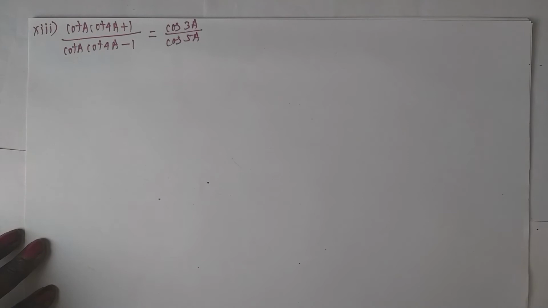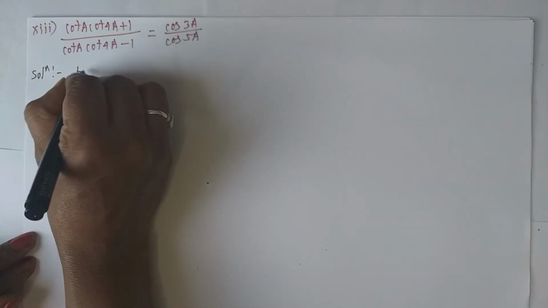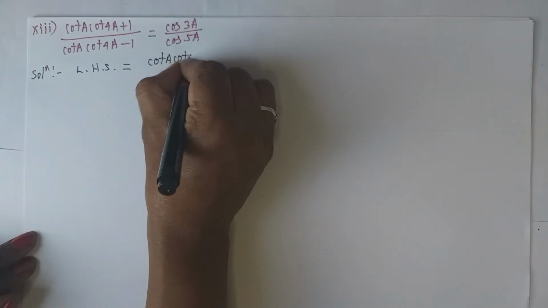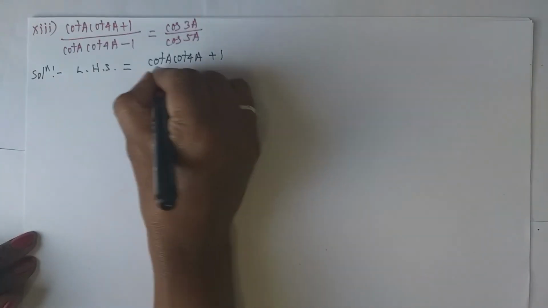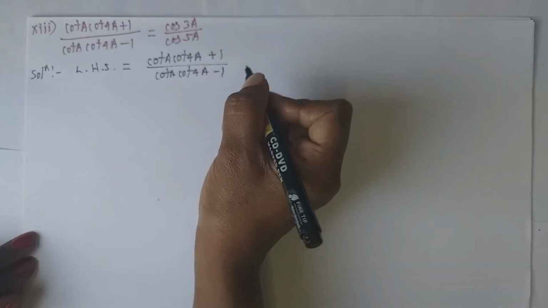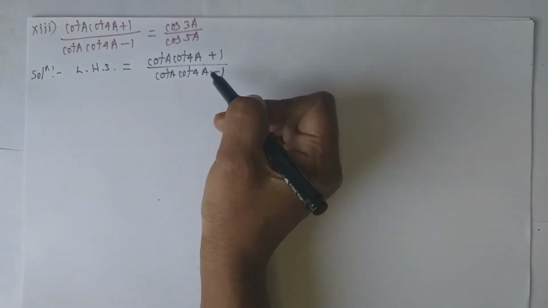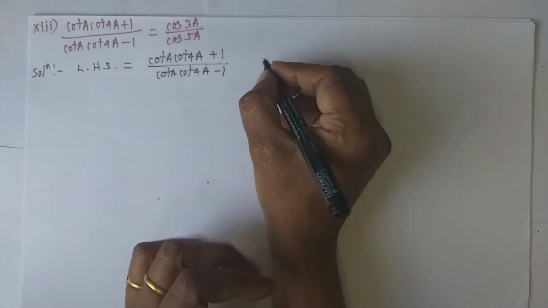Prove the following. Cot A into cot 4A plus 1 divided by cot A into cot 4A minus 1 is equal to cos 3A divided by cos 5A. Again in the similar way, you take the left hand side in the solution. Write down left hand side as it is. Cot A cot 4A plus 1 divided by cot A cot 4A minus 1. Now to the right hand side, here only is cos, therefore I will convert this cos divided by sin.